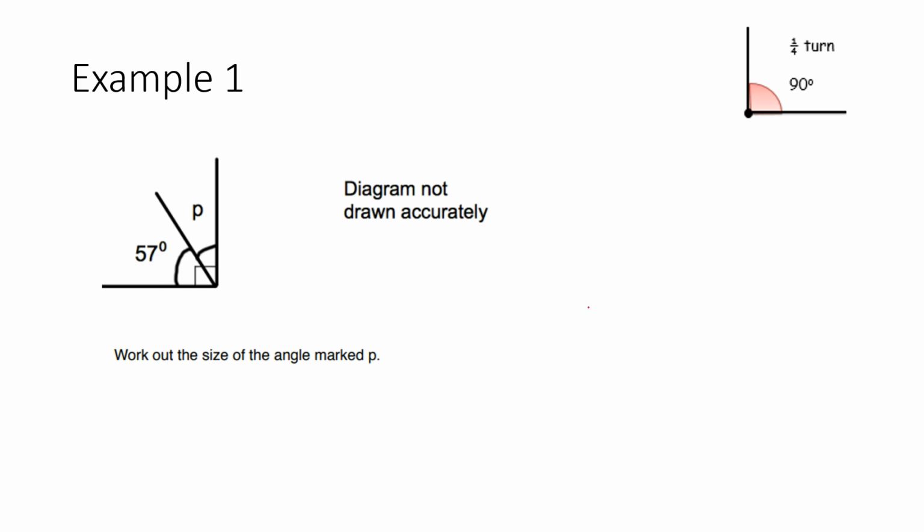So if we know that the total is 90 degrees and we have to find P, in order to find P we have to subtract what's already given to us, and what's already given to us is 57 degrees. So when we do 90 subtract 57, we'll get a value of 33 degrees. Therefore P is equal to 33 degrees.